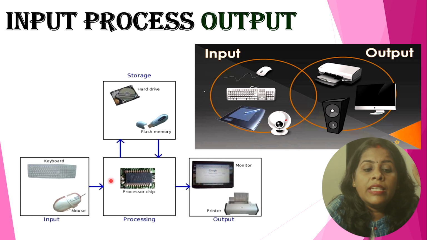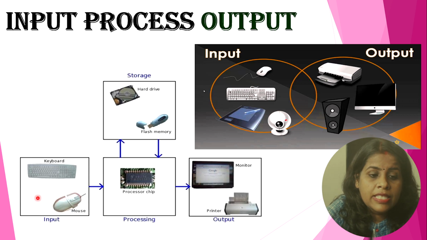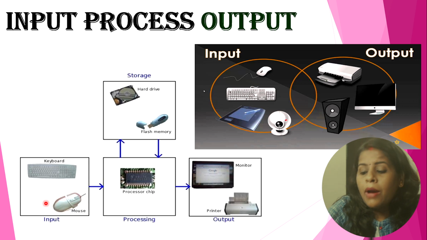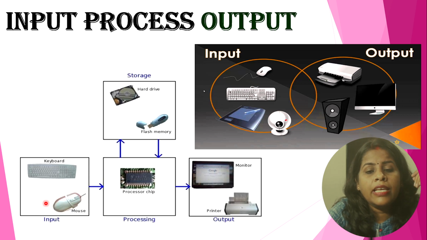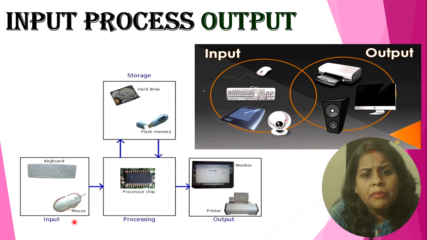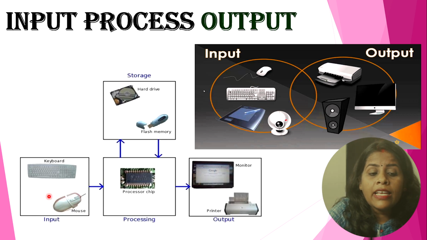What are input devices? Now we all have to be aware of what output devices, input devices, and processing devices are. Input devices are keyboard, mouse, and this is the pen. There are so many things. Camera, with the camera we can transfer images, pen drive, CD, lots of things are there.